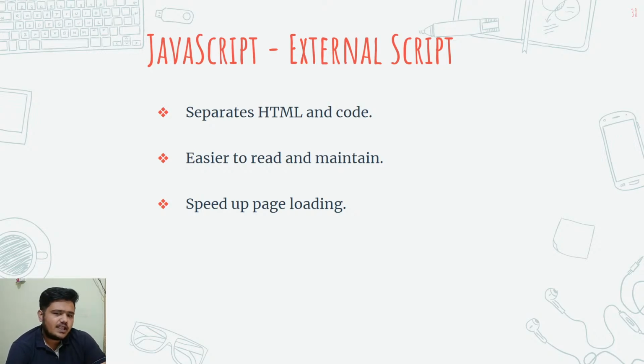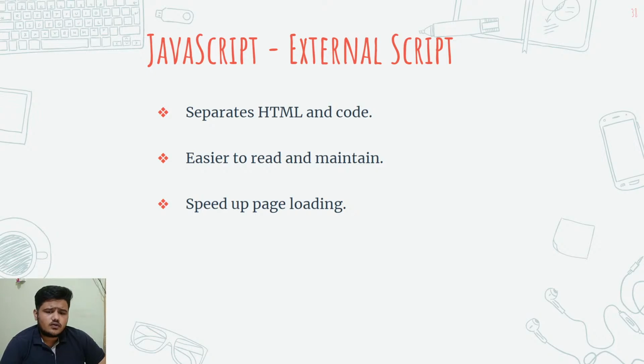Apart from that, it makes HTML and JavaScript easier to read and maintain, as I have just explained. On top of that, a cached JavaScript file can speed up page loading. So these are the three basic pointers that we keep in mind when we use an external script.